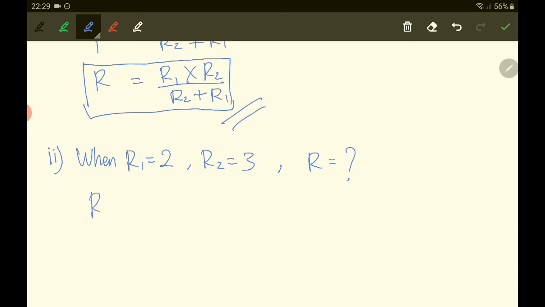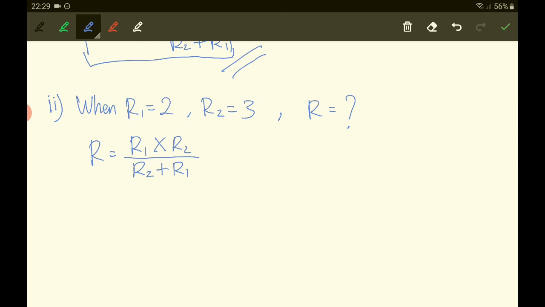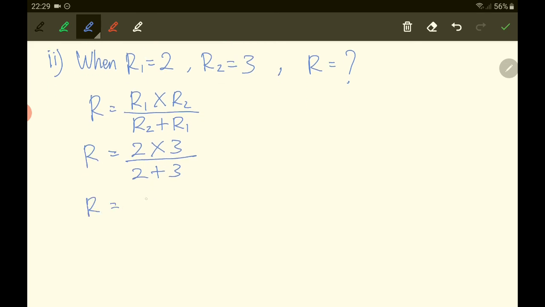R is equal to R1 times R2 divided by R2 plus R1. Now we just need to substitute R1 and R2 into the equation. So R is 2 times 3 divided by 2 plus 3. So R equals 6 over 5.